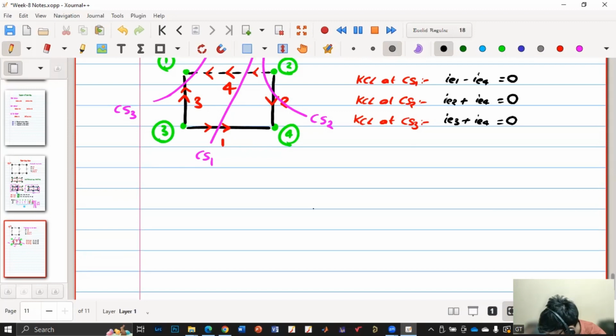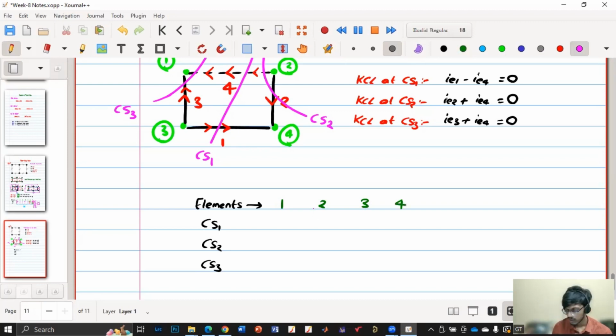In the numerator we have elements, and here we have cut set 1, cut set 2, cut set 3. So elements are 1, 2, 3, 4. What will be the first row? Tell me what will be the values in terms of IE1, IE4. 1, 0, 0, minus 1.